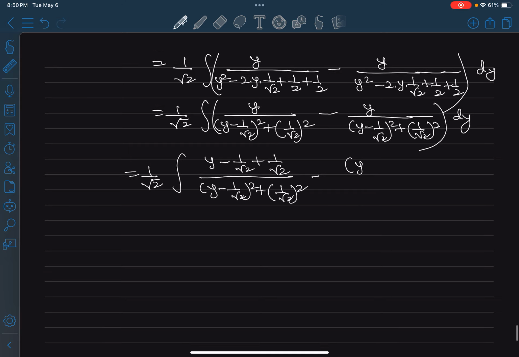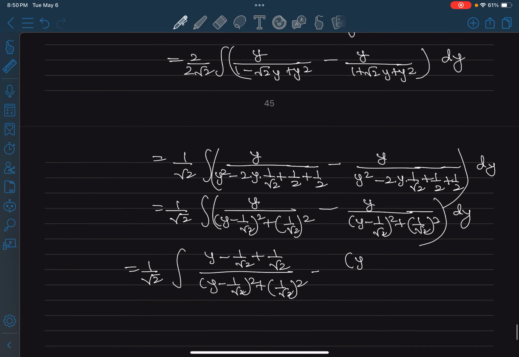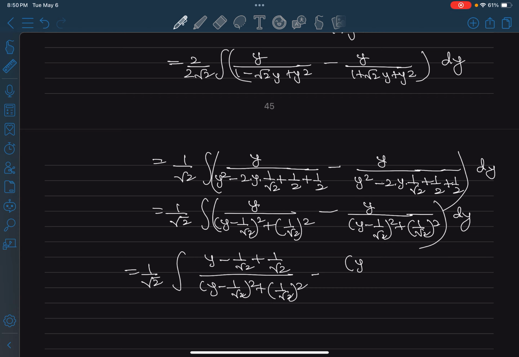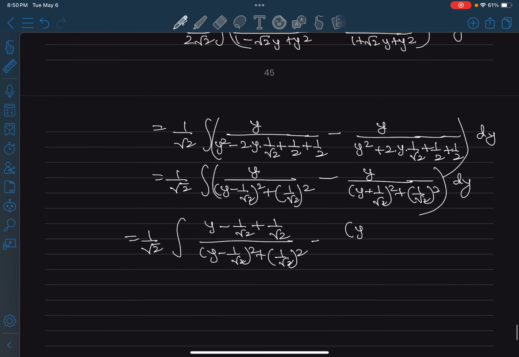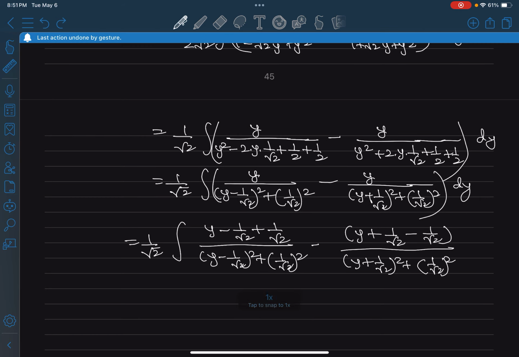Oh wait, how did both sides have y minus 1 by root 2? This should be having plus, right? And okay, y plus 1 by root 2 and then minus 1 by root 2, right? So this is y plus 1 by root 2 square plus 1 by root 2 square dy, right?